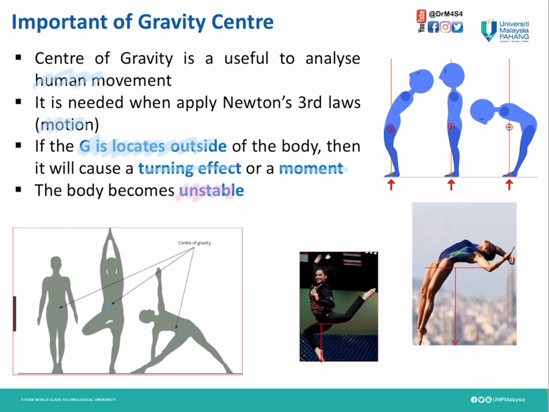Here in this photo, you can see some activities by humans when moving their body. So the center of gravity will be different for certain movements. As you can see here, when this person tries to bowl, the center of gravity will move outside of the human body. Similar to this figure when trying to bend.